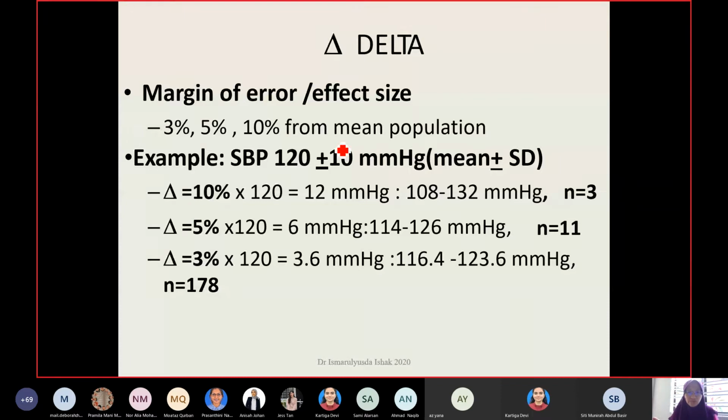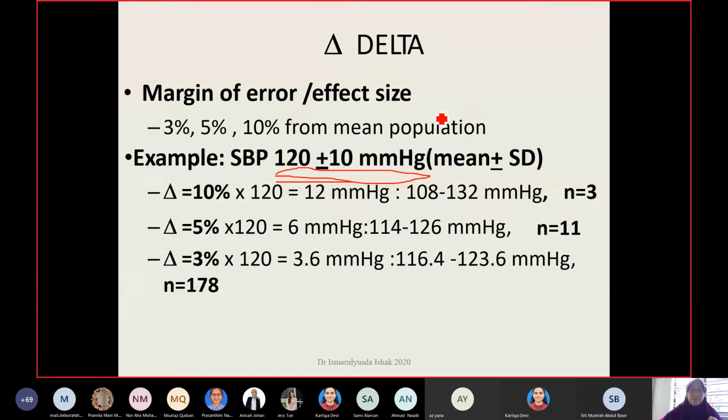Maybe you can search for a population mean. Search for studies similar to yours with the same variables, and take the mean and standard deviation. For example, for systolic blood pressure, the mean and standard deviation is 120 plus minus 10 millimeters of mercury.